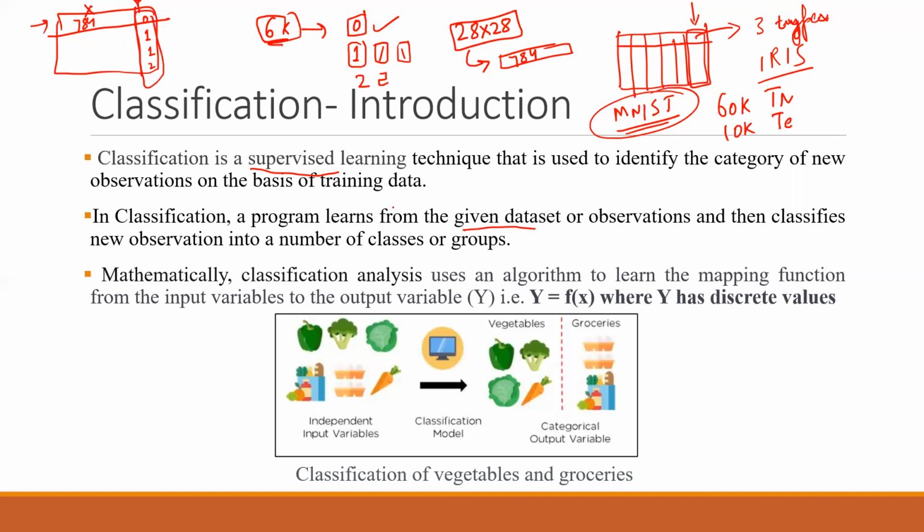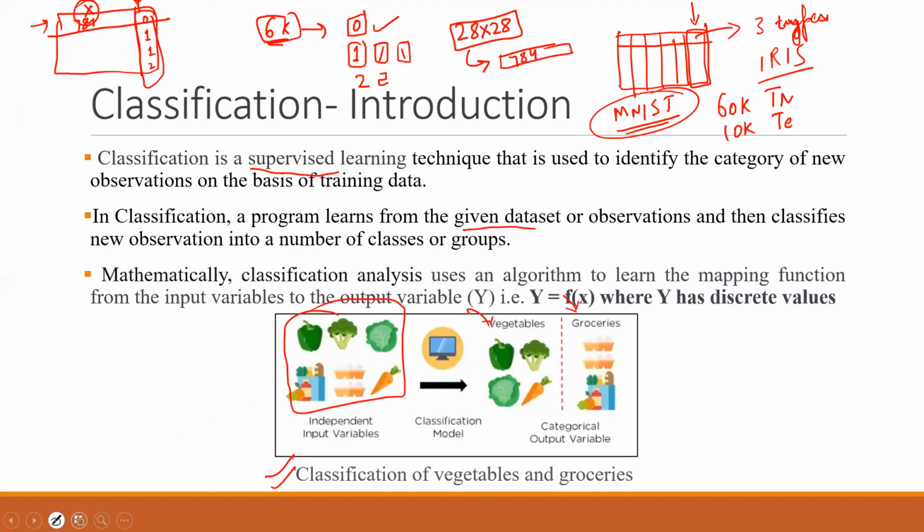So there can be any number of independent variables in this X part, and based on that you are doing the prediction. And it can also be done directly on the images. You can see in the figure below, classification of vegetables and groceries. There is this group of things, right? And you have to classify them into vegetables versus groceries.